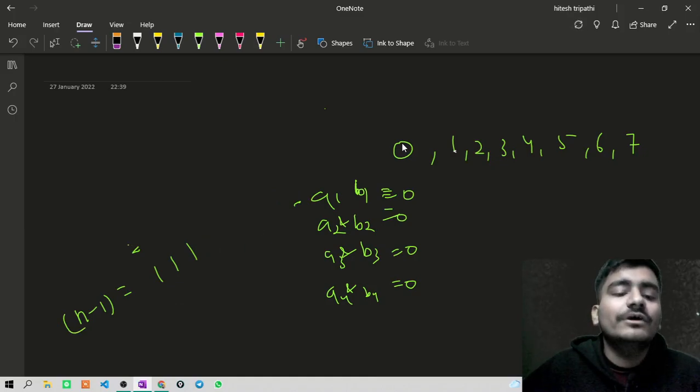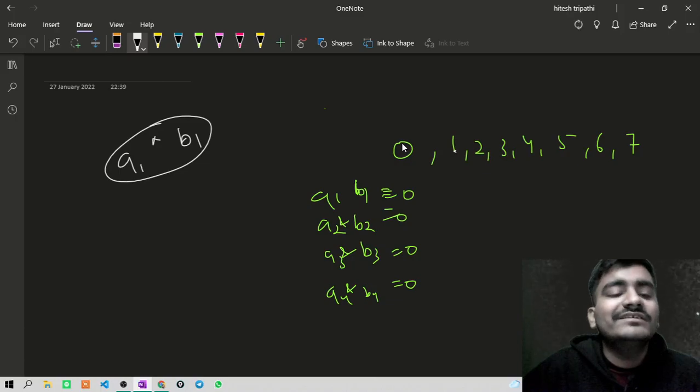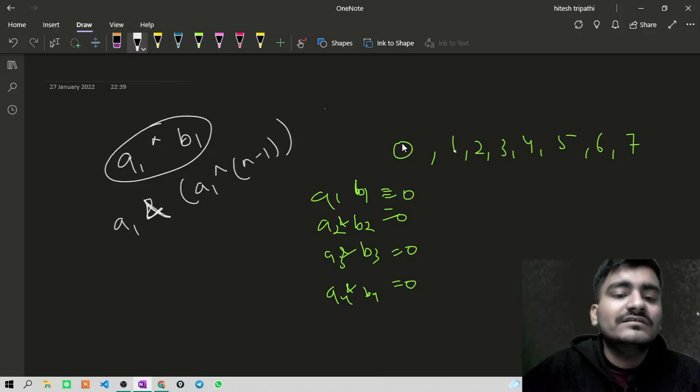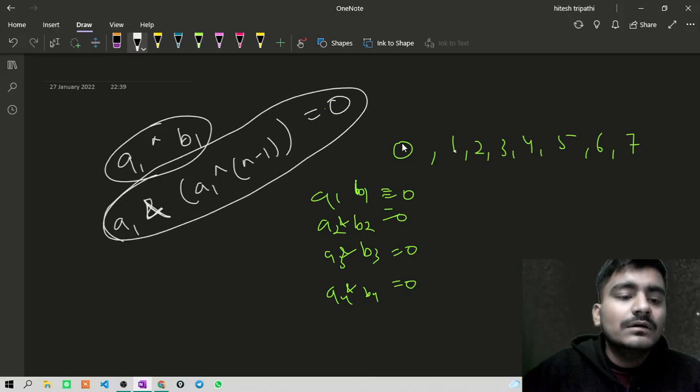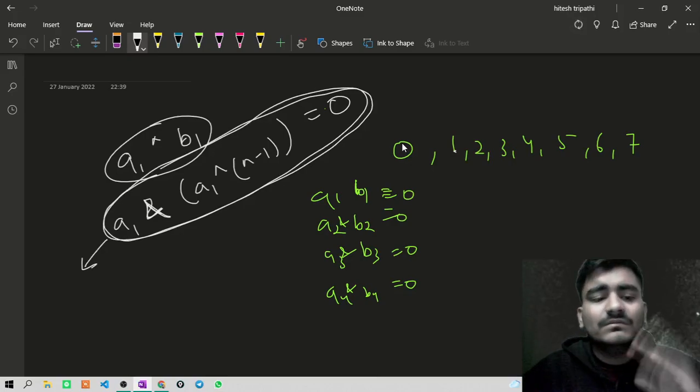Okay, now we already know that for some number a1, we can find its complement, that is b1. Suppose we have a number a1 and we have to make the bitwise AND of the complete thing 0. What we can simply do is a1 XOR n minus 1, which will be equal to 0. This is a complete constructive mathematical equation which you can simply intuit.